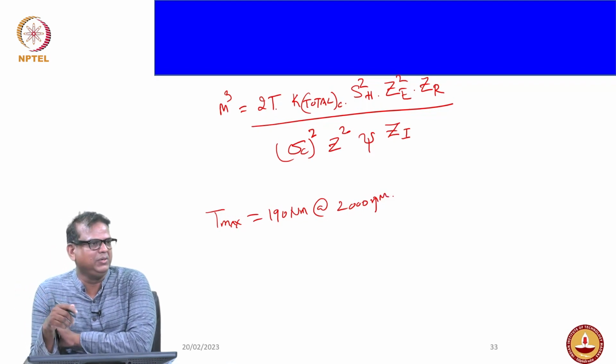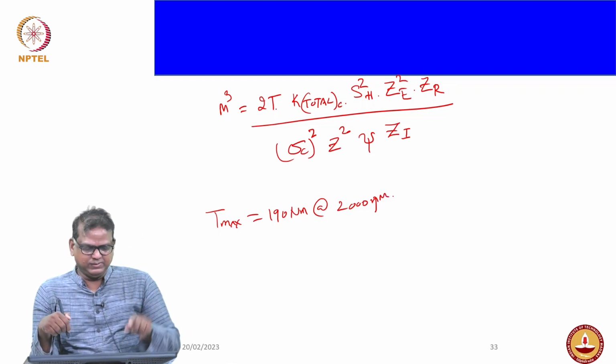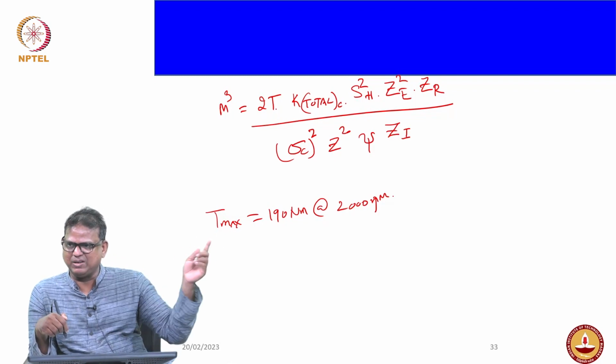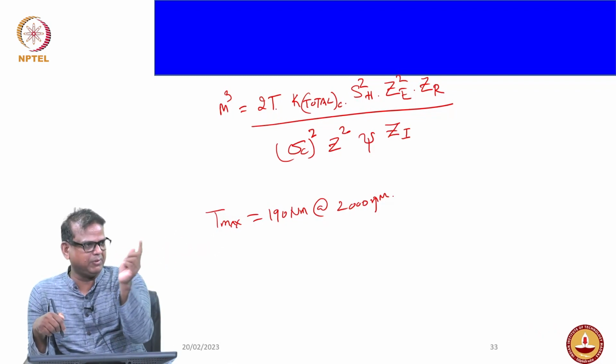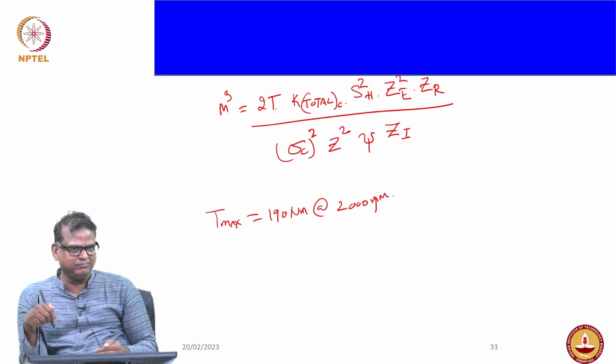Are we going to use 180 Newton meter or some other value? Remember, this is coming from the engine. The moment is coming from the engine through the clutch input shaft, then you have a reduction by 2.